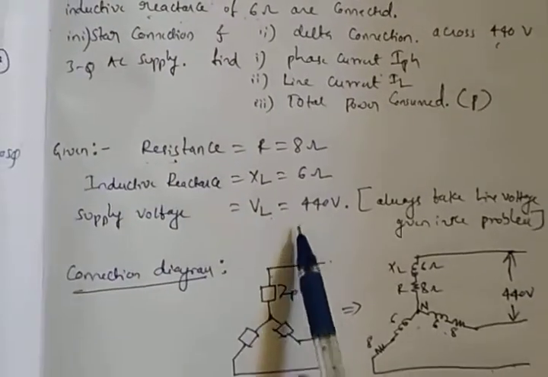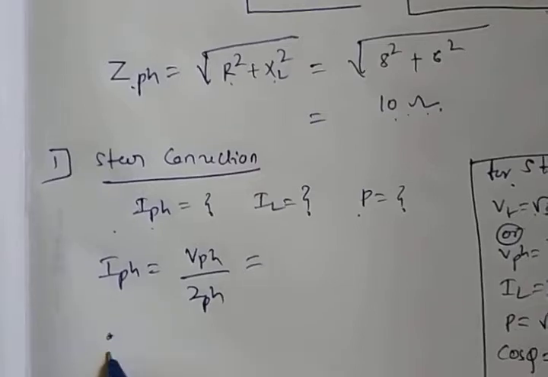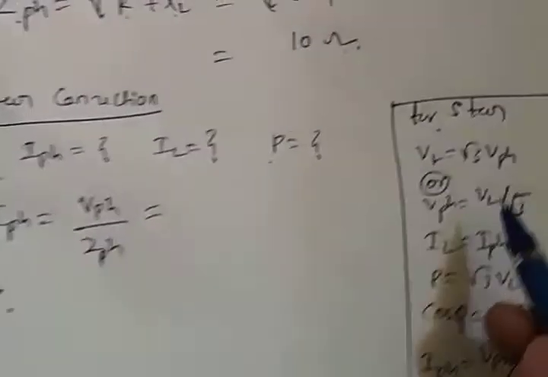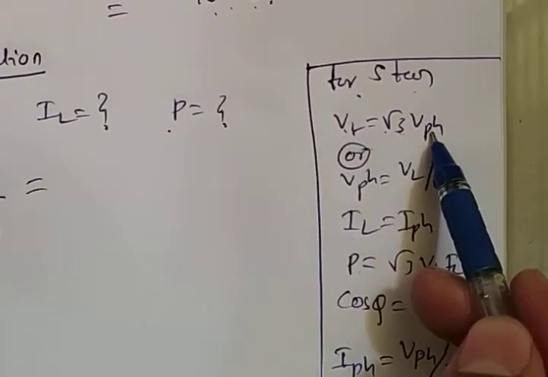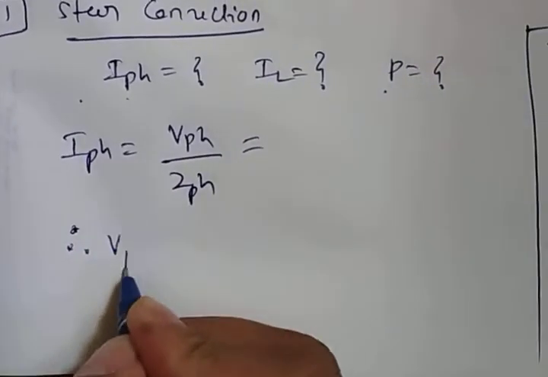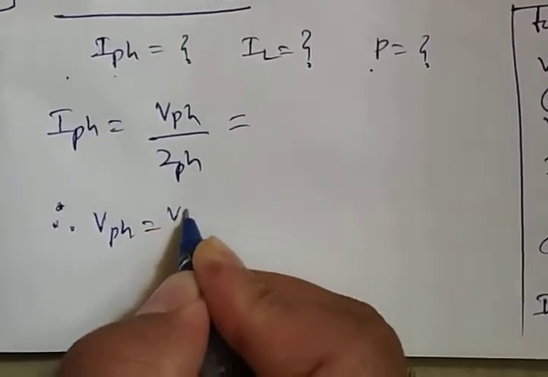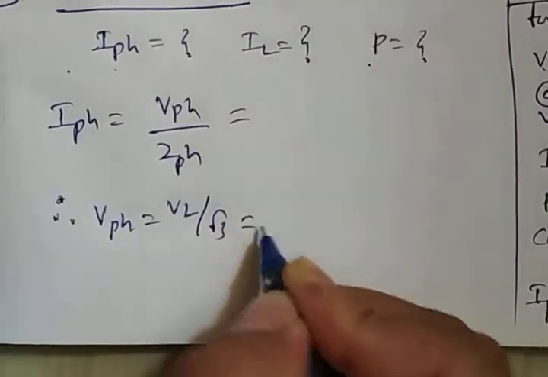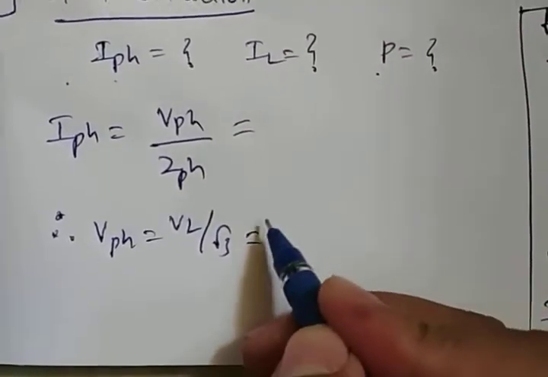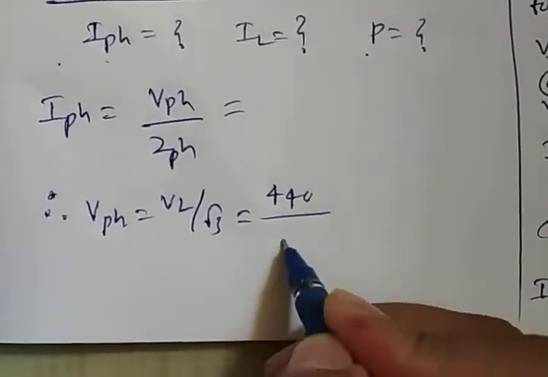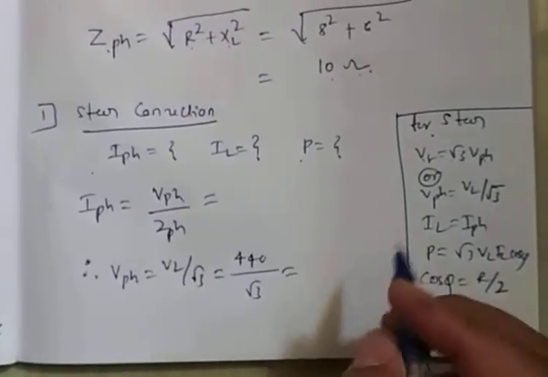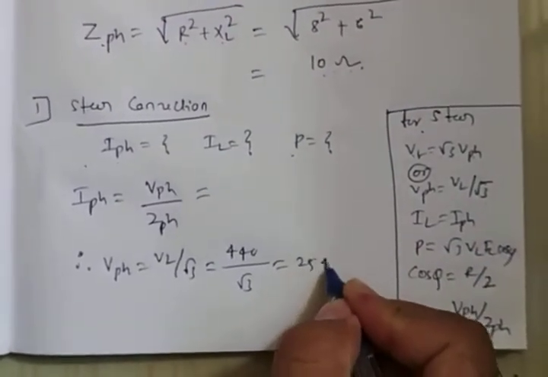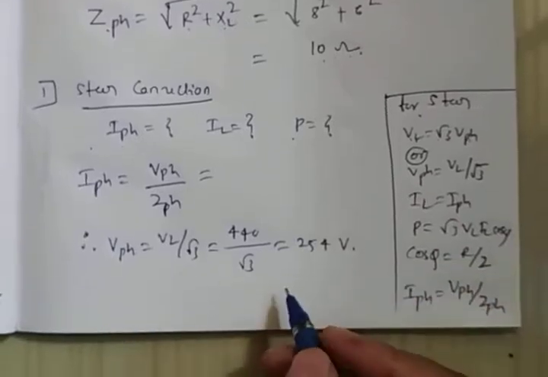It is given VL, always it will be VL. So the formula is VL is equal to √3 VPH, or VPH is equal to VL by √3 for star connection, and it is different for delta. 440 by √3, so we get 254 volt, that is VPH.